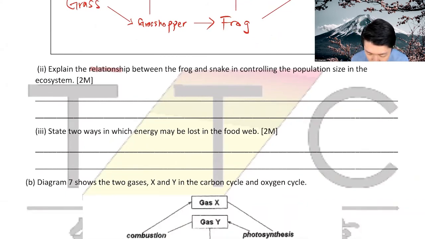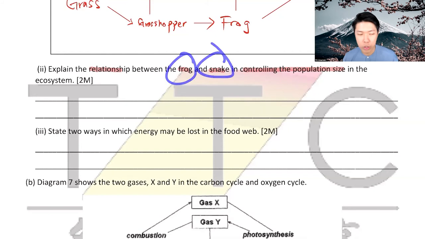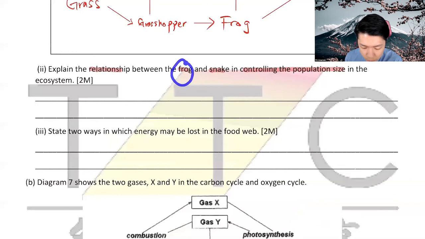Explain the relationship between frog and snake in controlling the population size in the ecosystem. Wow, frog and snake controlling the population size in the ecosystem. So who's controlling who, ladies and gentlemen? So frog is eaten by snake, isn't it? So hence, who is controlling here will be snake controlling the frog.